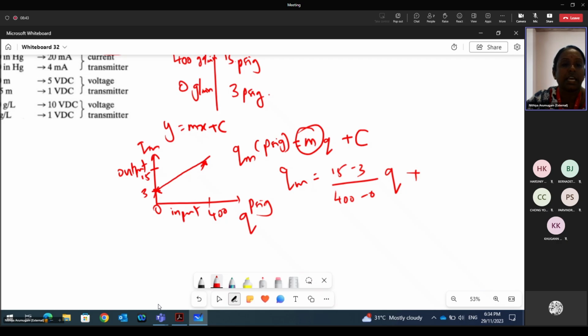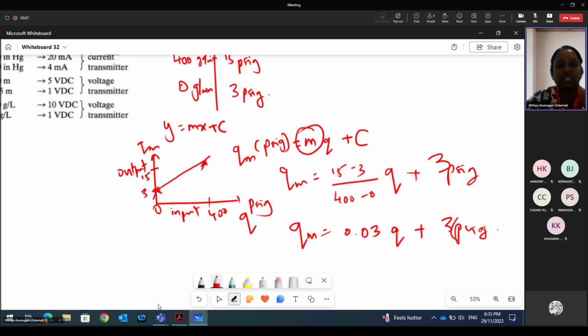The intersection at the y-axis will be 3 psig. So basically the expression, if you simplify this, will be 0.03 Q plus 3 psig. All right, so this is the unit. If you want to put the unit, you can; if you don't want to, it is still fine. So this is the general equation.